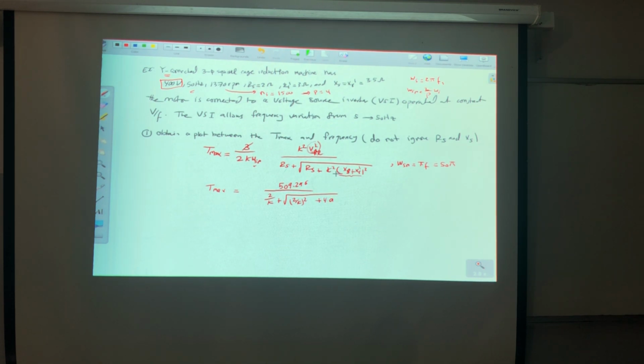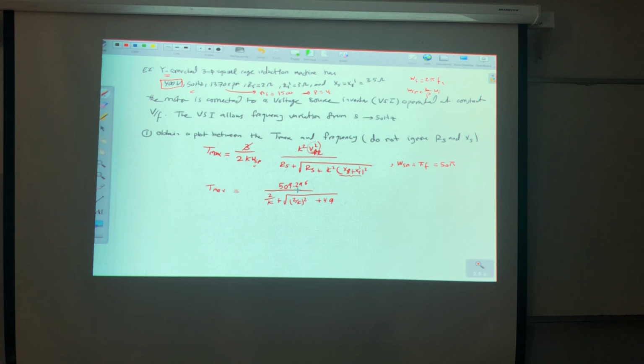So what I did, I divided by k in order to remove it. And RS is 2, so 2 over k squared, because here I'm having k squared. And the k here will eat this one k, and I will get 2 over k.